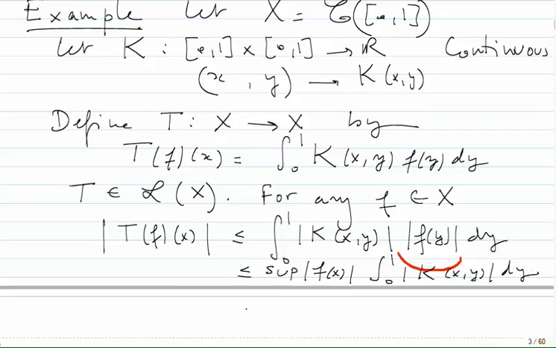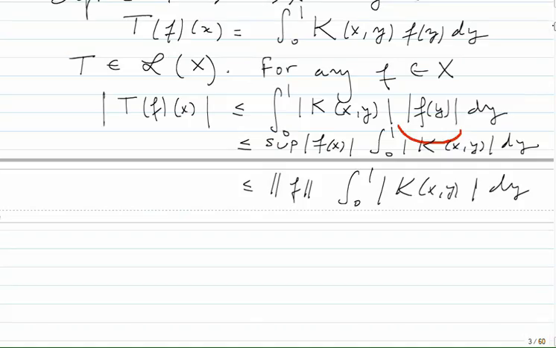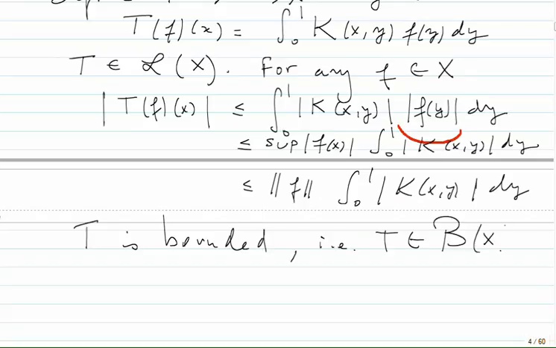In other words, this is the norm of f times the integral of |k(x,y)| dy. That shows us that T is bounded as an operator. In other words, T is continuous, so it belongs to B(X).